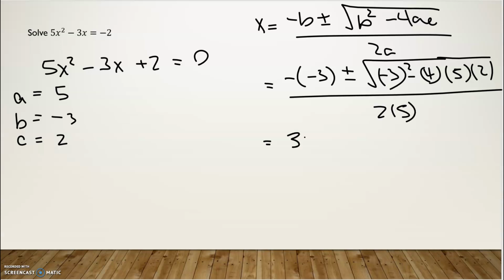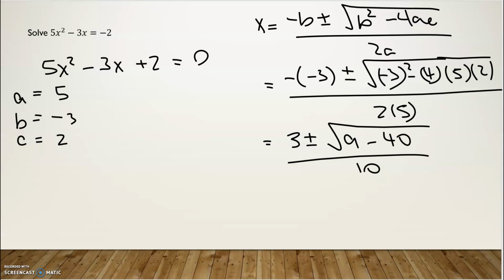So this will be 3 plus or minus the square root of 9 minus, 4 times 5 is 20, 20 times 2 is 40, all over 10. And then 3 plus or minus the square root of 9 minus 40. This will be negative 31 all over 10.